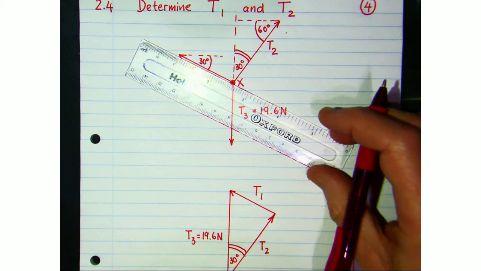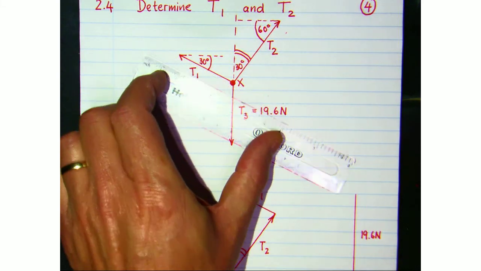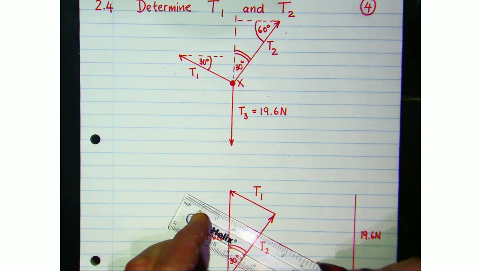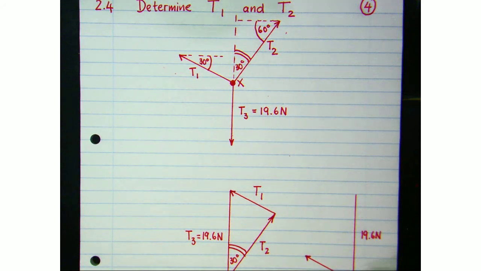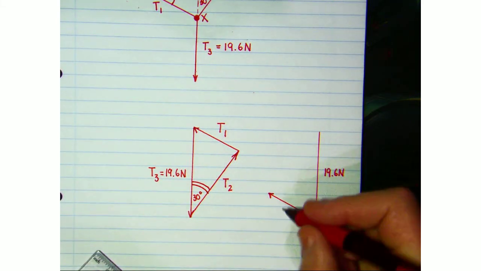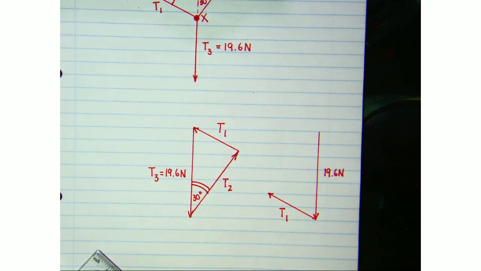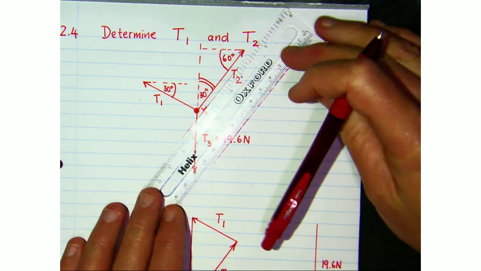So I'm going to take my force T1, slide it down the page, not changing its direction, and draw it in. I'm still going head to tail. Let's label it T1. And then the third force, T2, should close the triangle.